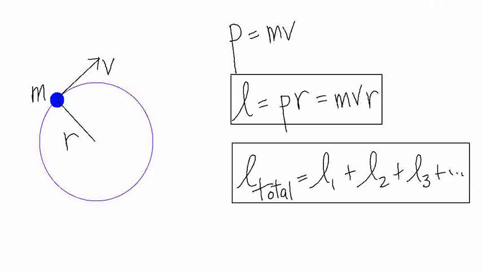By the way, the units for angular momentum are the product of the units for mass, velocity, and radius. So the units are kilogram meter squared per second. So let's now immediately do an example.